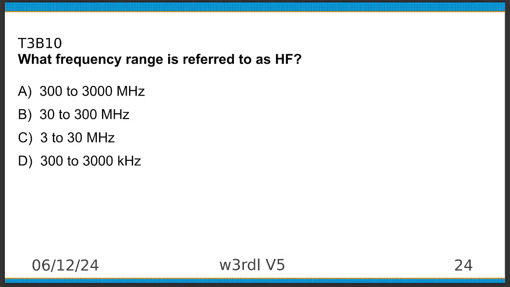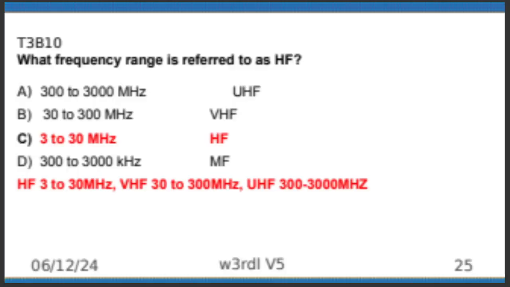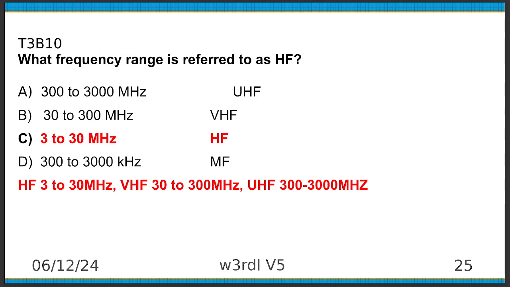Okay, so what frequency range is referred to as HF, high frequency? Charlie. Yeah, 3 to 30 megahertz. Bravo is VHF. That's where your 1.25 meter band, 2 meter band, and 6 meter band are.